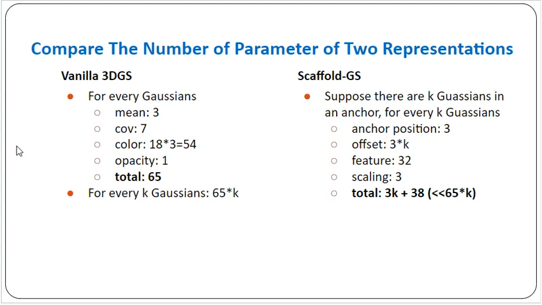For Scaffold Gaussian splatting, we suppose there are K Gaussians in an anchor, and it has four variables: anchor position, offset, feature, and scaling. So the total parameters for an anchor, which stands for K Gaussians, is 3K plus 38, which is much smaller than 59K.